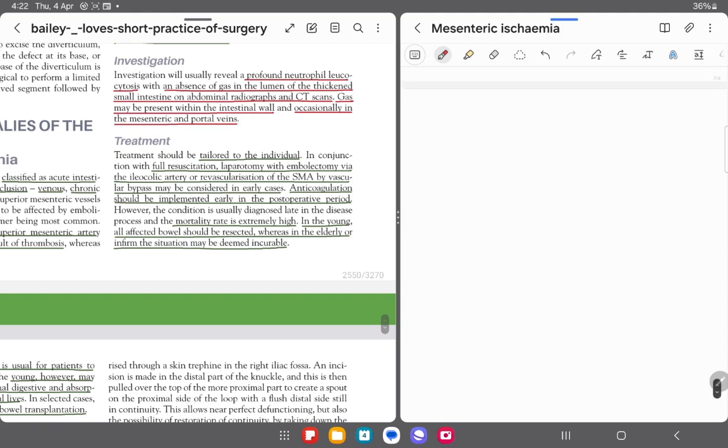So let us see the treatment. In treatment, first of all, treatment should be tailored to the individual. And what we do first is full resuscitation if the patient is in shock.